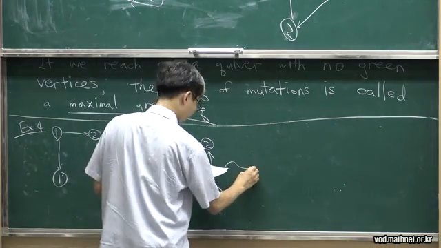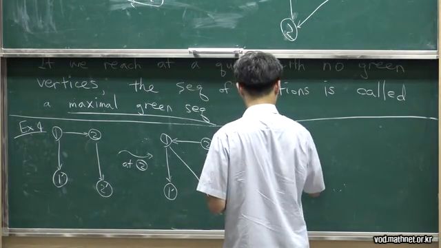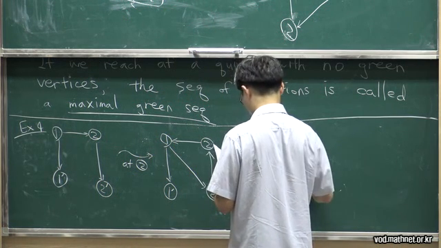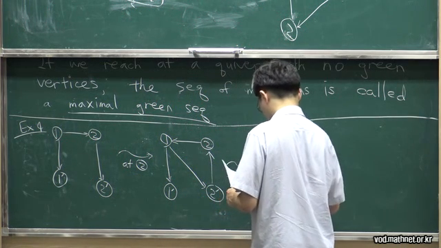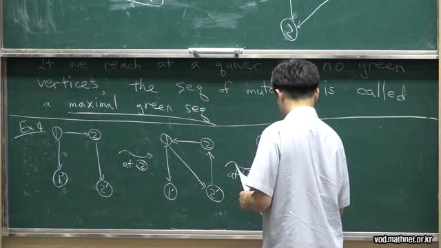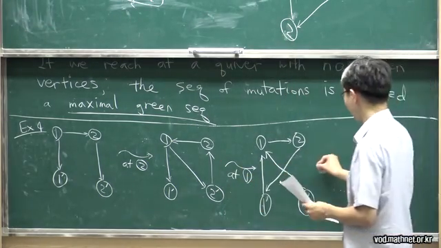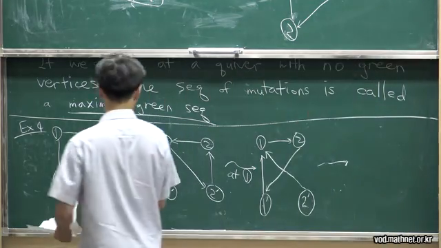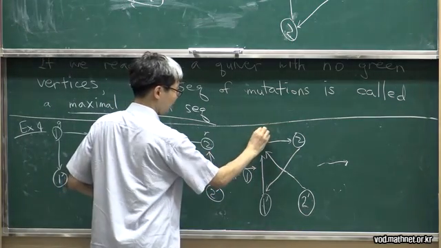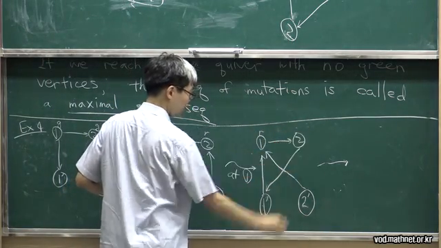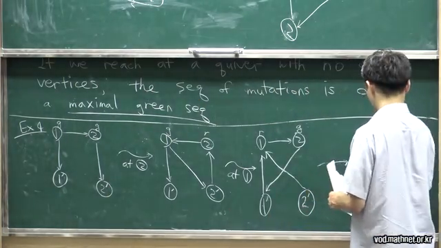I'll just quickly draw the mutation sequence, and then 1. I already did this mutation in example 2 before, and finally, this is green, this is green, green, red, red, red, green, and finally I get this one.